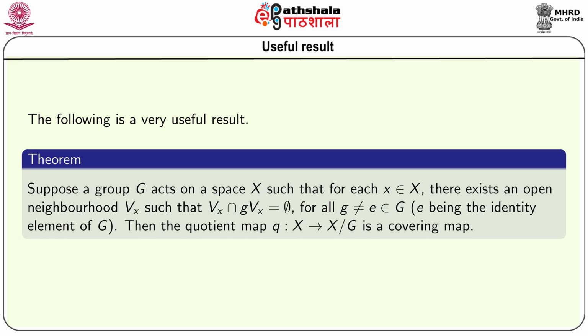Now, we come to the main result. Suppose a group G acts on a space X such that for each x there exists an open neighborhood Vx of the point x such that Vx intersection g Vx equals phi for all g not equal to the identity element of the group. Then the quotient map Q from X to X by G is a covering map.